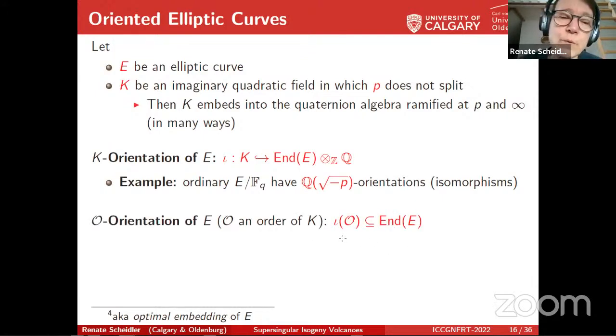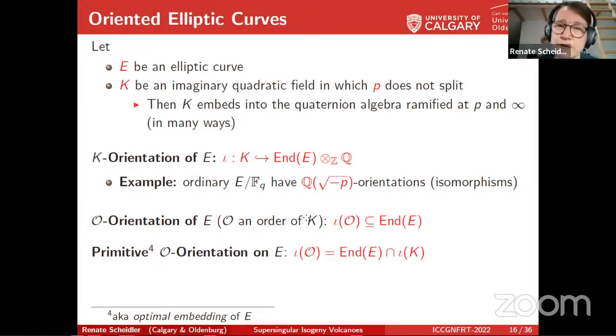Now we actually want to work not with fields, but with quadratic orders. So we take a quadratic order of this field, and then what you have is an O orientation. For an O orientation, you simply require that this order O is mapped into the actual endomorphism ring, not just the algebra, but the ring.